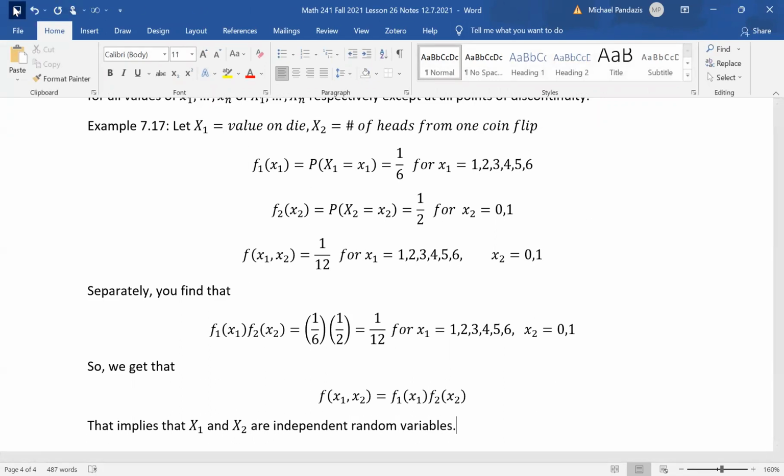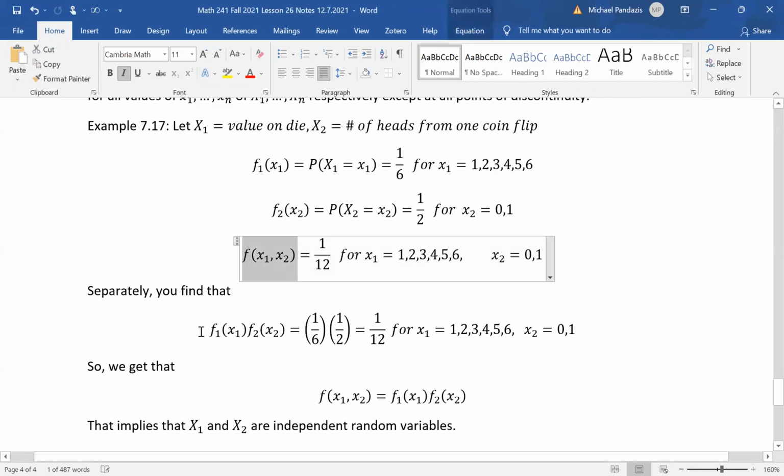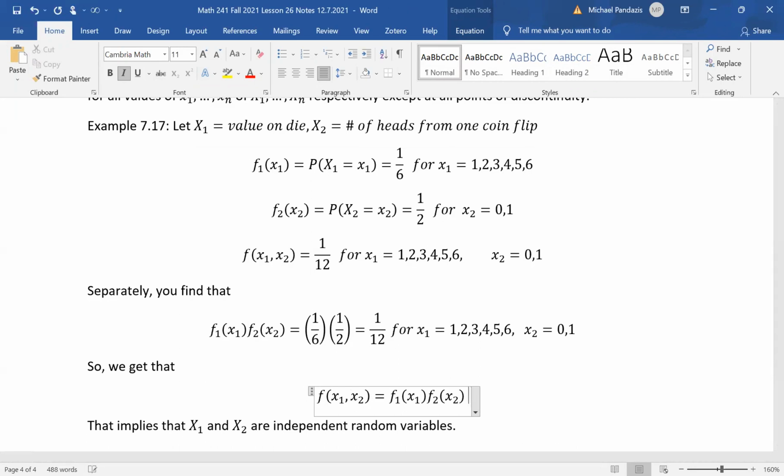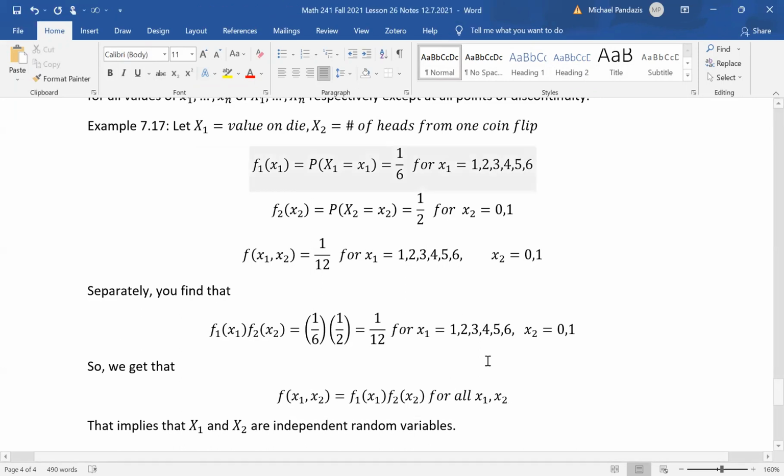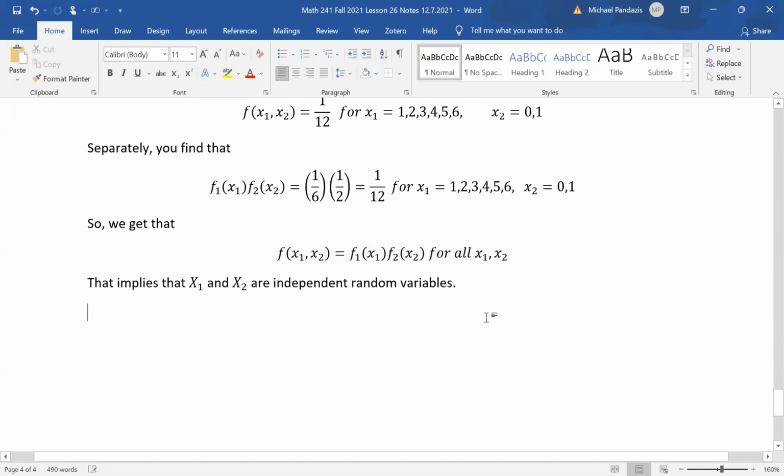The fact that you calculate each of these separately and they're equal, and this is for all x1, x2, implies that capital X1 and capital X2 are independent random variables. Okay, so now you can conclude that way.